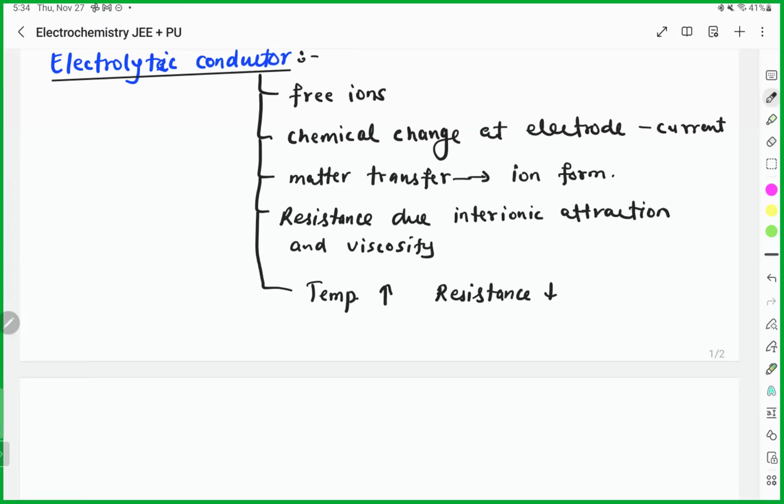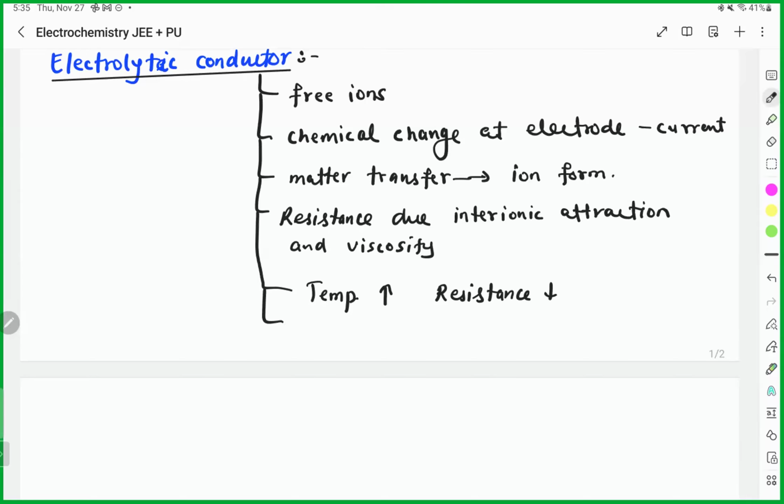So there will be more kernel vibrations. Kernel movement will happen, and it will create resistance in the movement of electrons. Kernel, the core part, right?